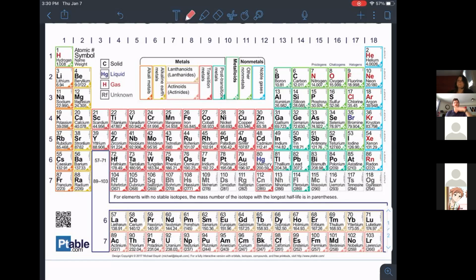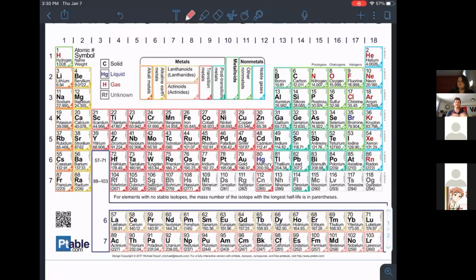Awesome. 7 periods, which are the rows, 18 groups, those are the columns. Wonderful. Does that help us with anything? Do the periods or groups tell us anything besides where they are? Does that give us any information about those elements or atoms? Tells us the valence electrons.